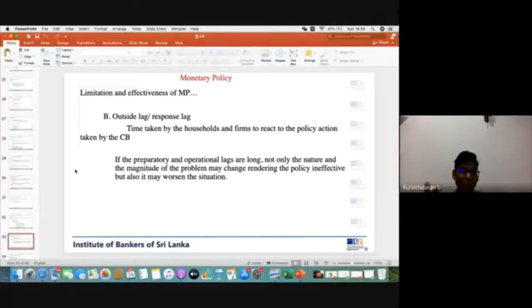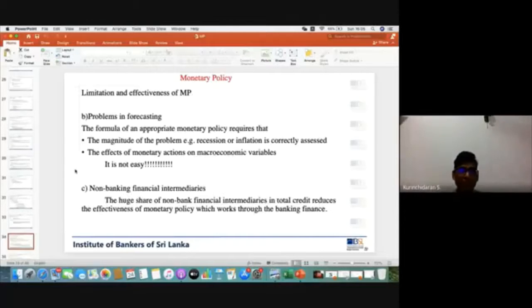Then the chosen policy may not be suitable for the problem now, because the problem has changed. So you can't take more time. We have to do it in a very short period. That's the time lag.